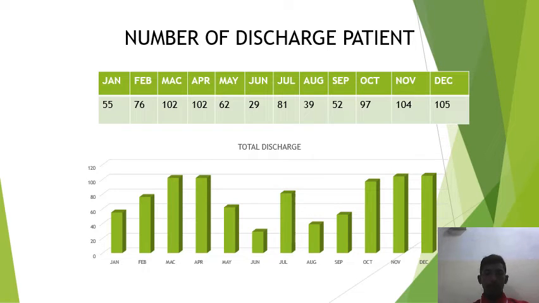In May, it decreased to 62 people, reaching a low point of 29 people in June. Okay, for July, it increased to 81 people and suddenly dropped to 39 people in August, then increased slightly in September, October, and November. Then it remained steady in December.